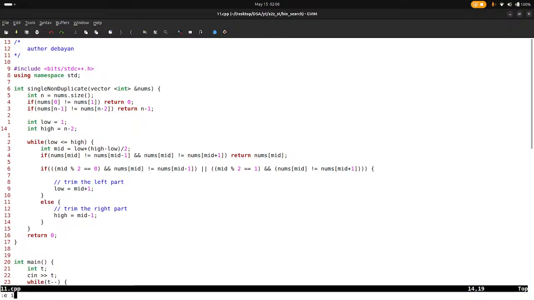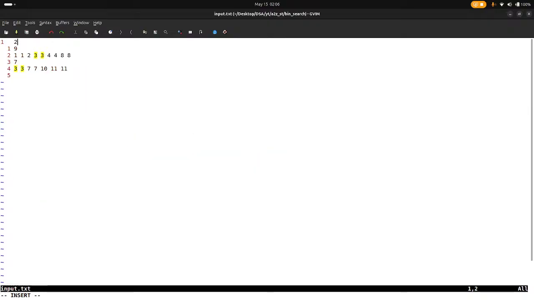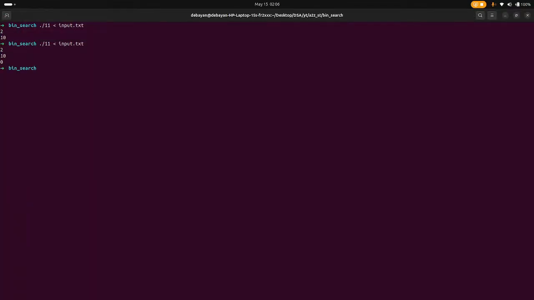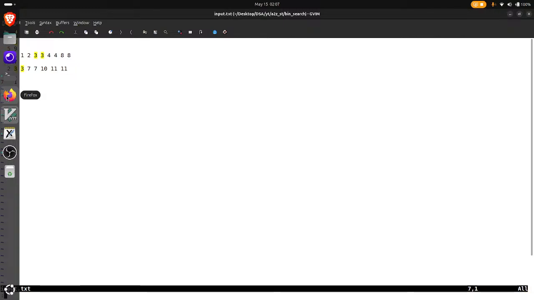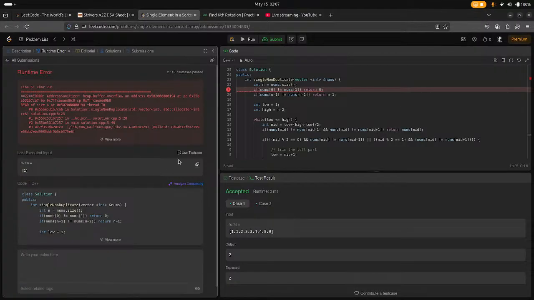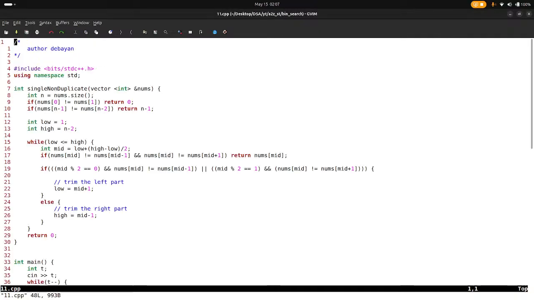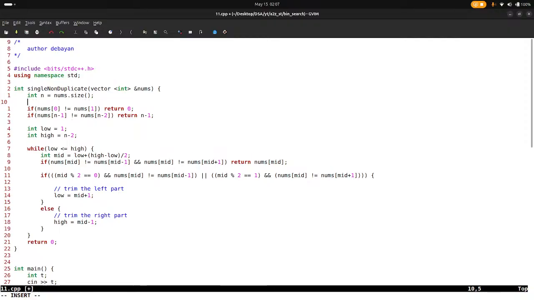If I get 3 and 1 and 1, for this one I will get a heap buffer overflow. Let me show you. See. So generally for this case, I can write one thing here: if n equals 1, I will return 0.